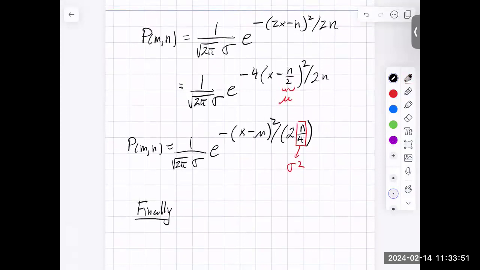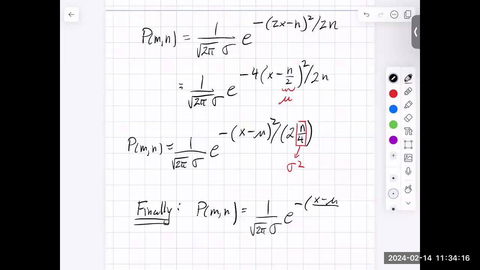this has been a long derivation with lots of approximations, but I wanted us to see where this Gaussian distribution comes from and its relationship to the binomial distribution. So we end up with a 1 over root 2 pi sigma e to the minus. So we have a x minus mu.